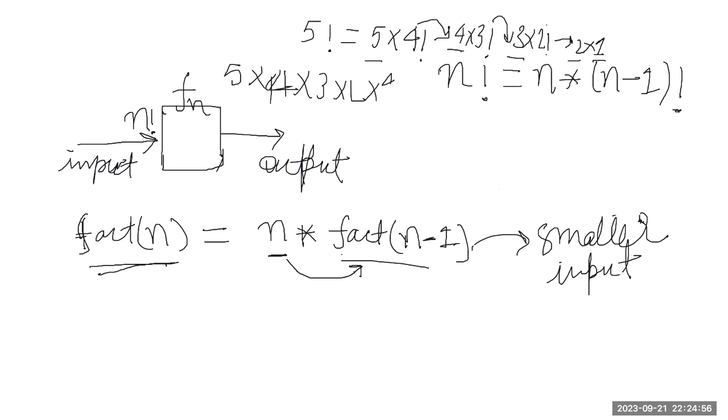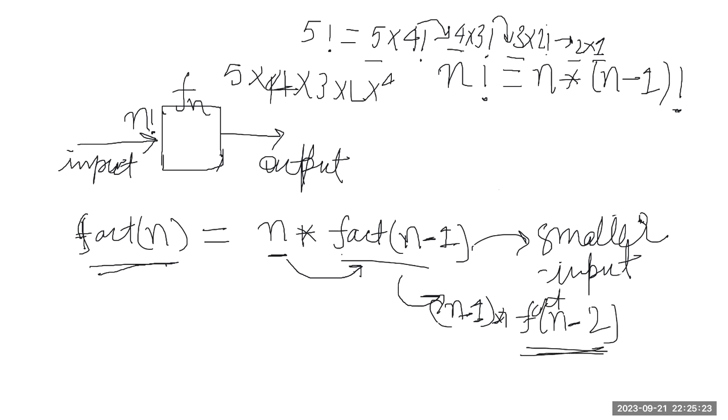And this again in turn will ask me, okay, I will give you this, first give me factorial n minus 2. Now, this is a smaller input than the previous input. This is factorial, FACT. This is a much smaller input than this one. So we are moving towards a smaller input, and that smaller input is easier to calculate.